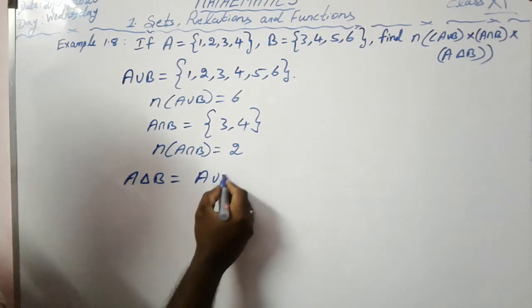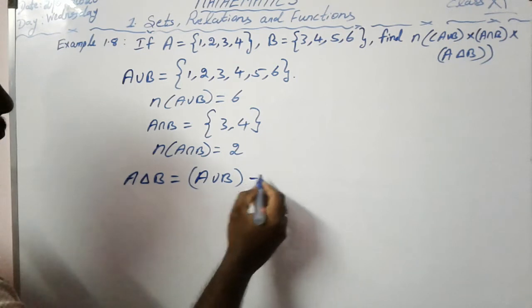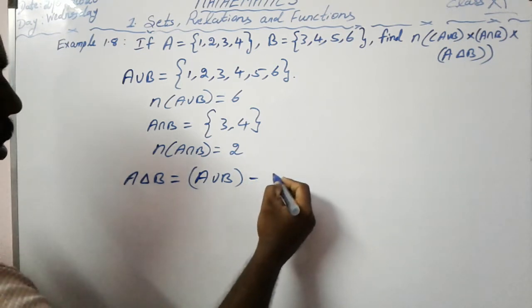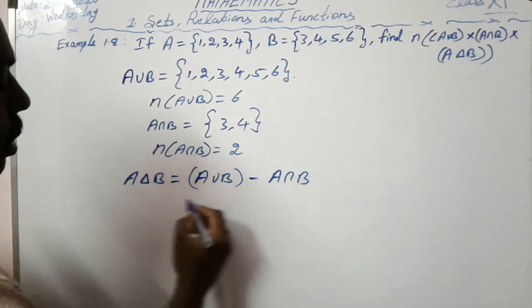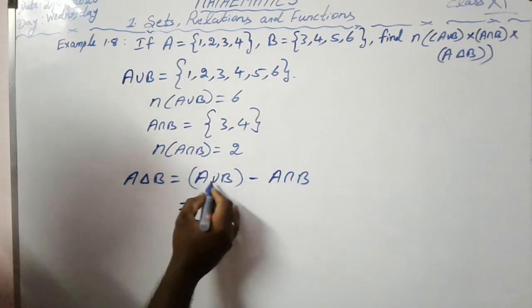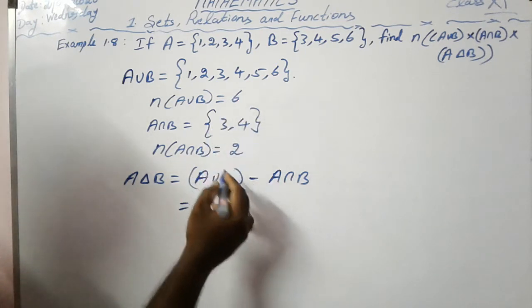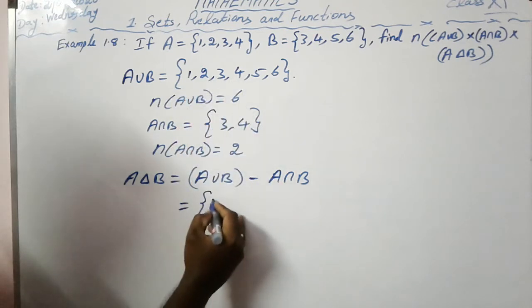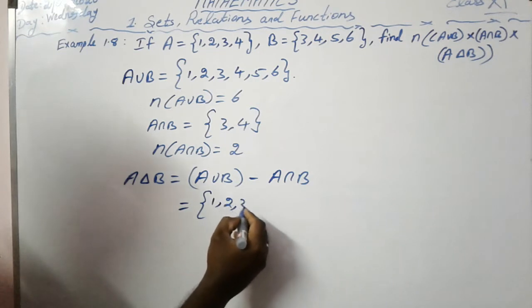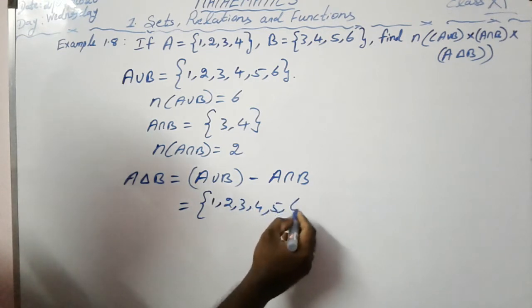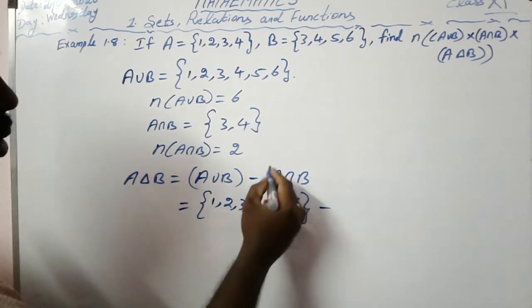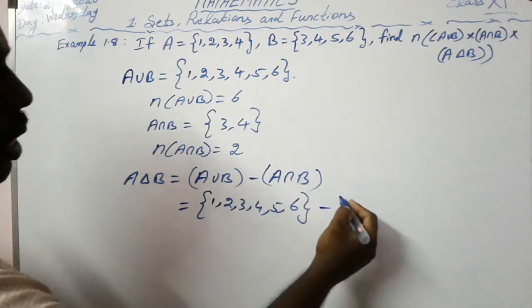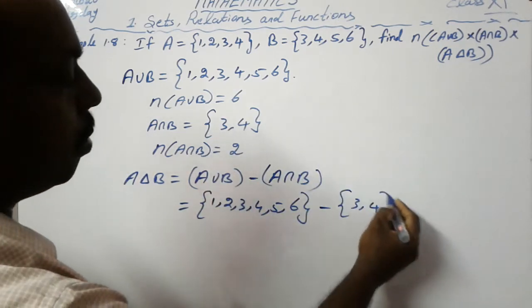A delta B equals A union B minus A intersection B. What is A union B? The set {1, 2, 3, 4, 5, 6} minus A intersection B. What is A intersection B? 3, 4.